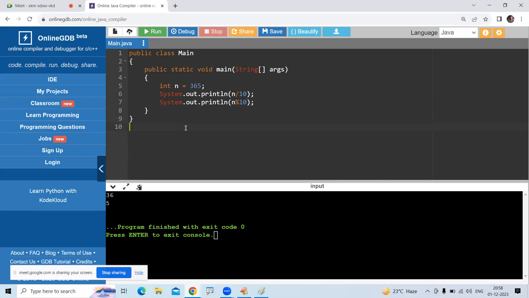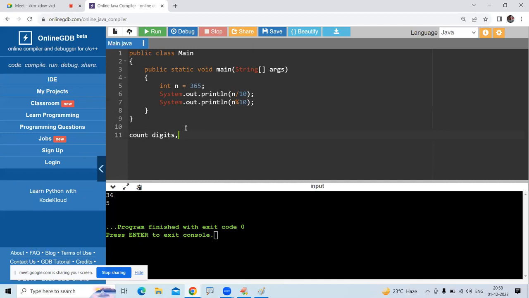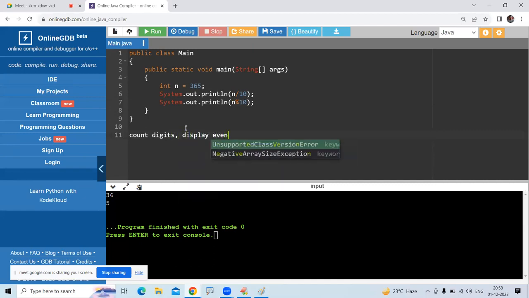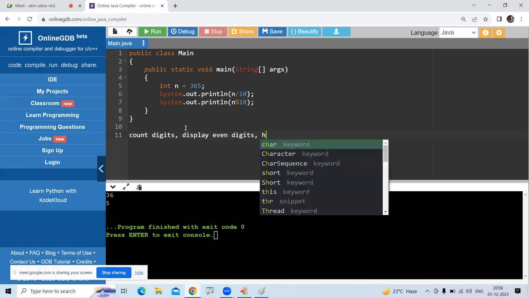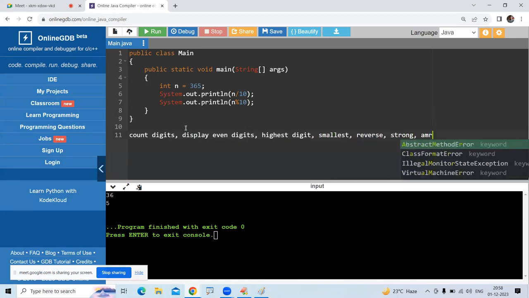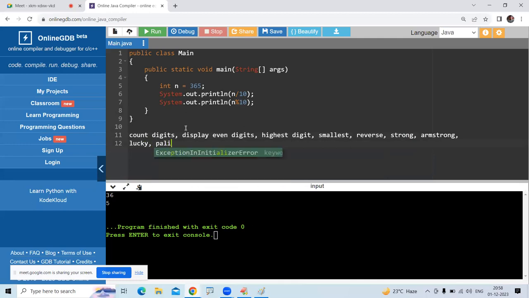Whenever you are writing while loop programs, count digits, display only even digits, find highest digit, largest digit, find the smallest digit, reverse number, strong number, Armstrong number, lucky number, palindrome number, Adam number.